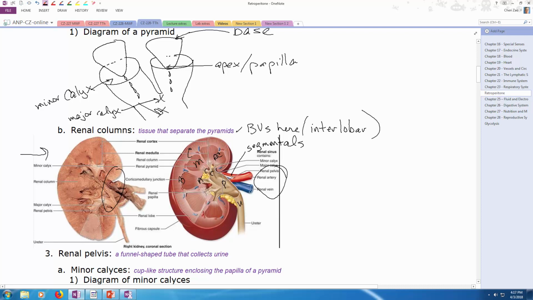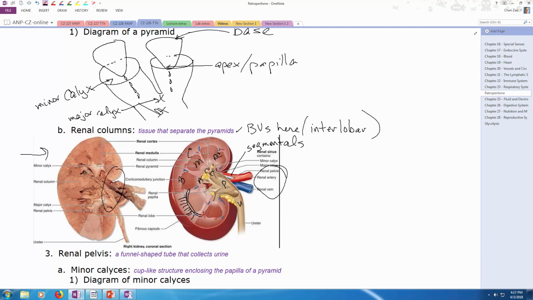You guys know what arches over the base, what blood vessels name arches over the base of the pyramids? Arcuates, yes. And we also have blood vessels that are going to radiate into the cortex, and they're called cortical radiating blood vessels.